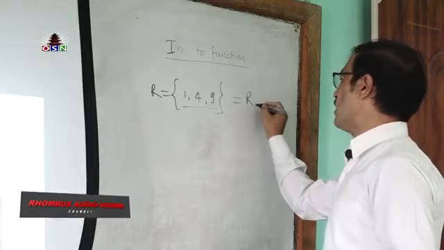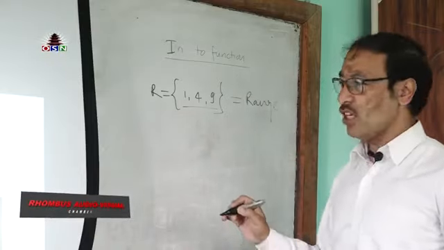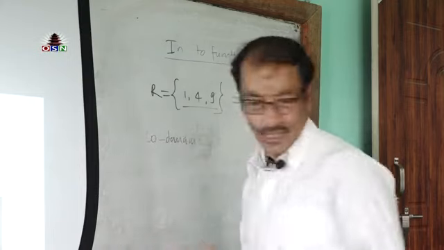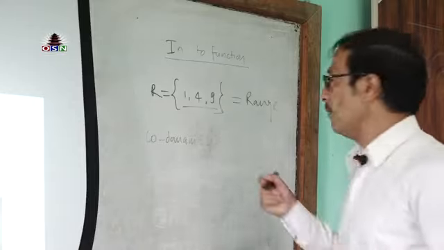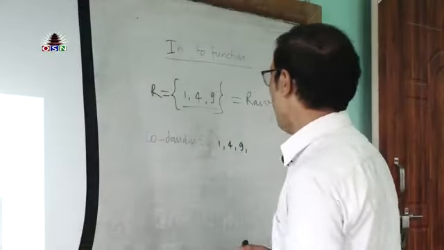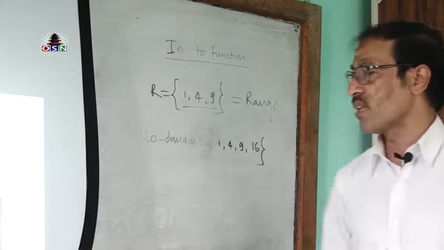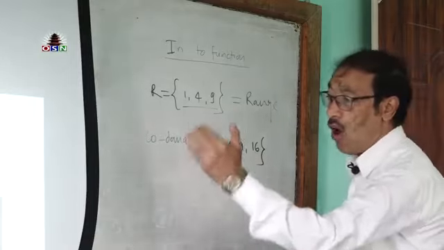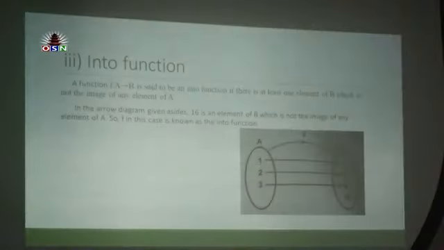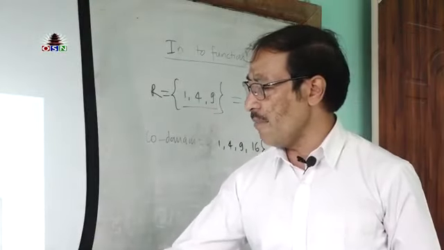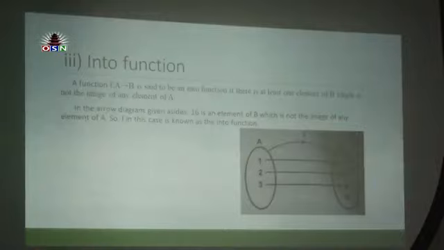I have already told you what is meant by range. Again, when we talk about codomain, please define codomain here. Yes, 1, 4, 9 and 16. 16 doesn't have its pre-image, but however it is also included because it belongs to codomain. In this way, when we make a collection of all the elements in the second set, or all the elements in the codomain, those elements which don't have a pre-image are also included.